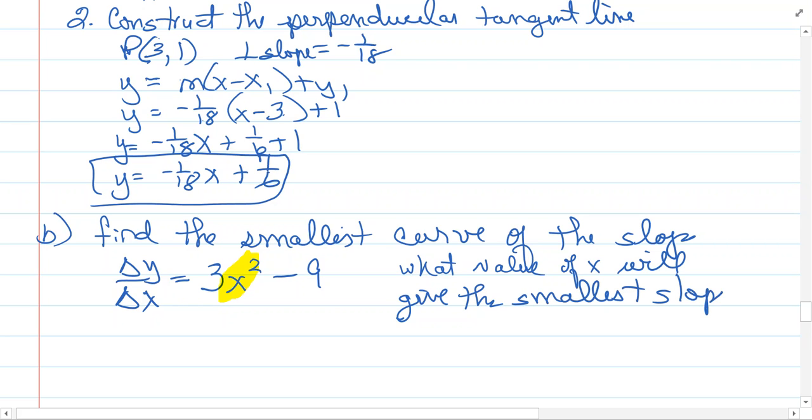All right, so what we want for the smallest slope is to drop in any x we want. But what do we notice? We notice that it's squared.